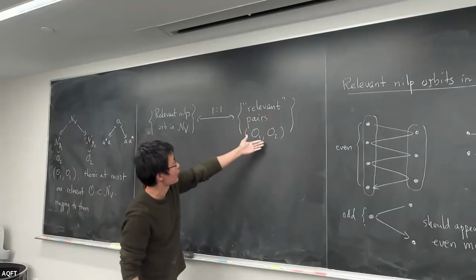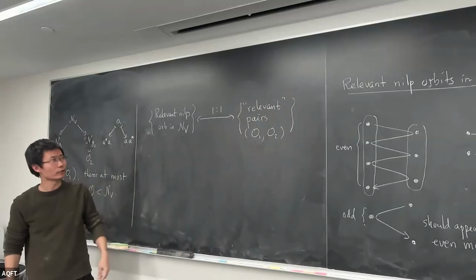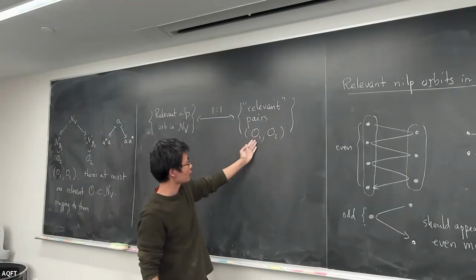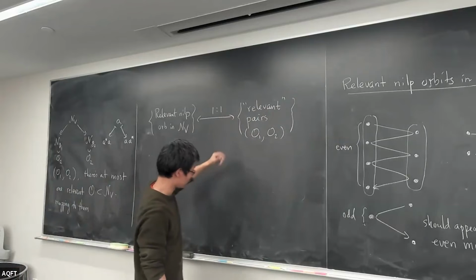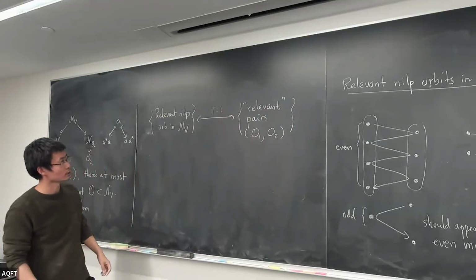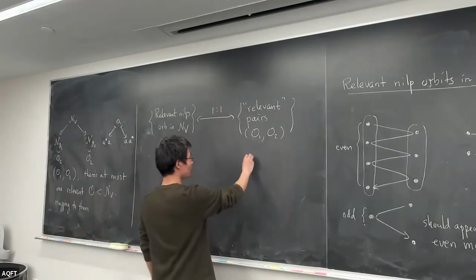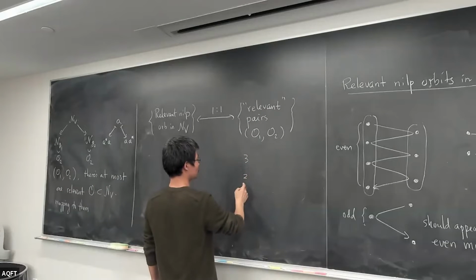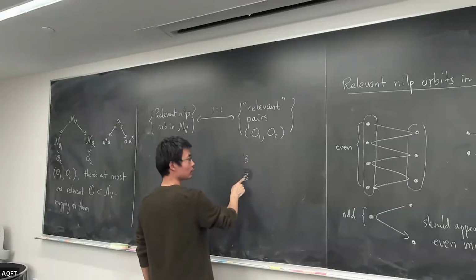Let me just tell you which pairs are relevant from this point of view. So you have a nilpotent orbit in the symplectic Lie algebra. You just remember the Jordan type. See, so 3 has to appear twice.